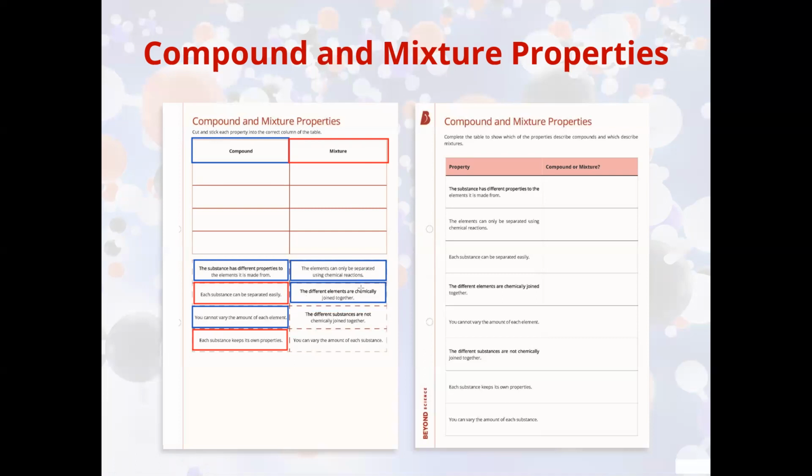Anything that involves chemically, that key word, that is a compound. If it doesn't have that word, so the different substances are not chemically joined together, that will then be a mixture. And the last one, you can vary the amount of each substance. That is also a mixture.